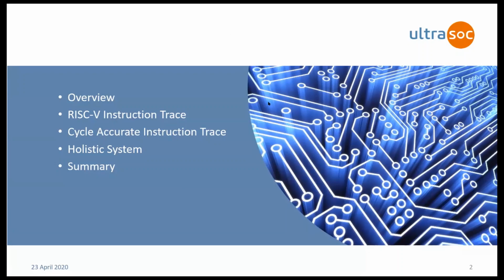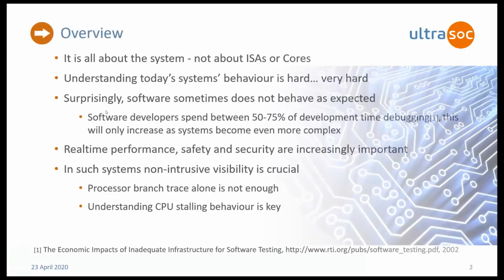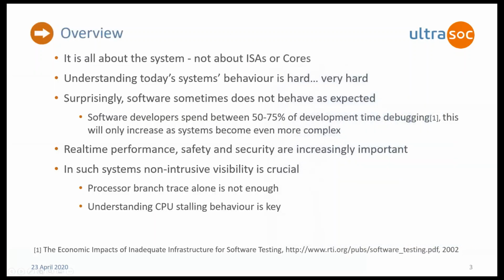We maintain that we're all building fairly complex systems, and just by the name, the issue is with the system. It's not just about the ISA, as important as it is, and not just about the core, as complex and exciting as it may be.